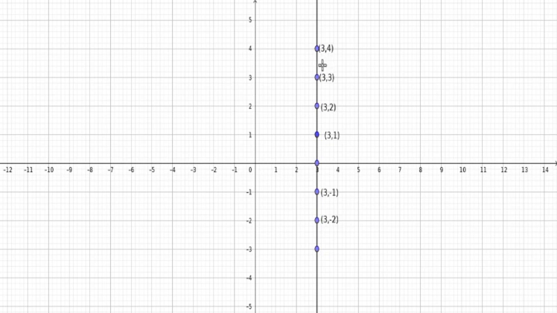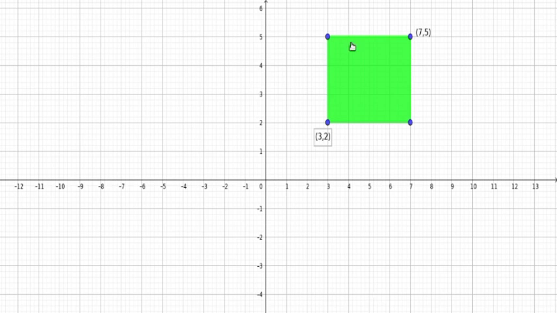Similarly, if we draw a line parallel to the x-axis, the y coordinates of the points on that line are the same. Okay, keep in mind this result.